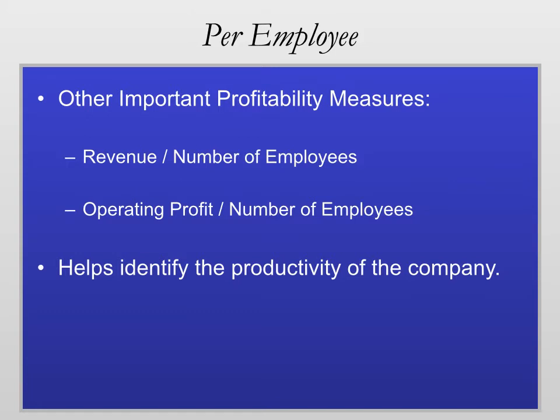What this gives you is a sense, for each person working at the company, of how productive the company is in generating profits or revenues out of its employee base. Especially in companies that are not manufacturing companies but more service-oriented companies, where there's not a big asset base, these can be very valuable indicators of productivity within the company.